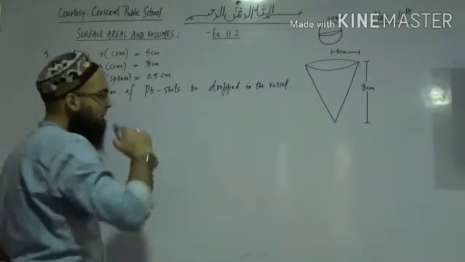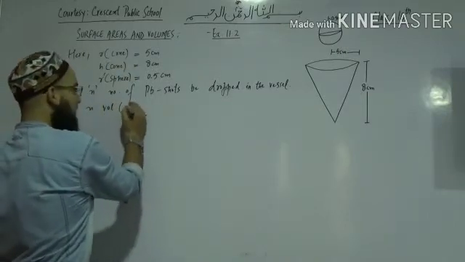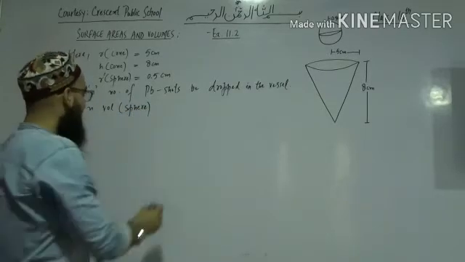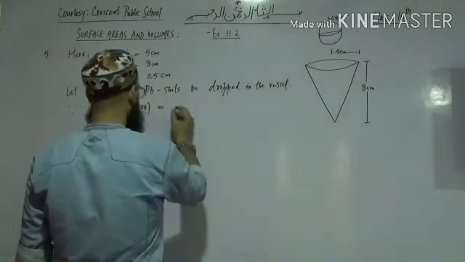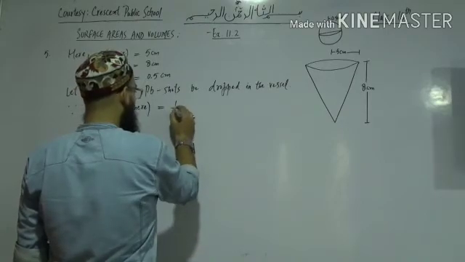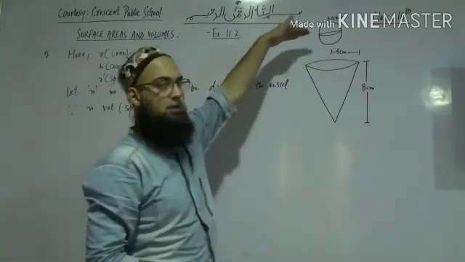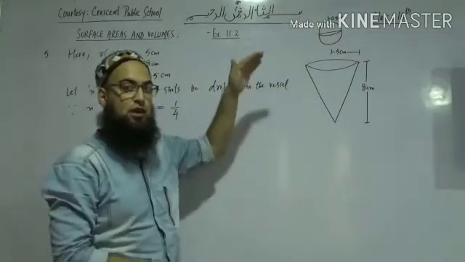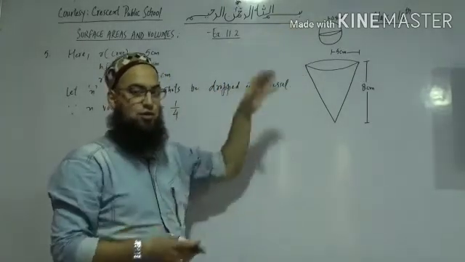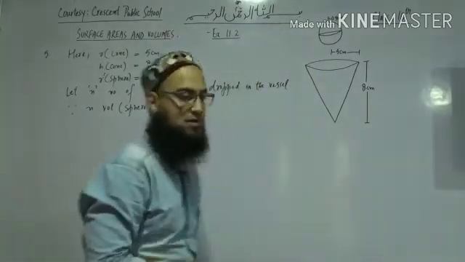Now we know one thing, n times volume of sphere, because a lead shot is of the shape of a sphere, will be equal to 1/4, because by the Archimedes principle, the whole volume of the total number of lead shots will be equal to the water that flows out from this vessel.